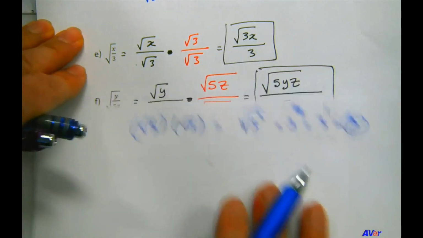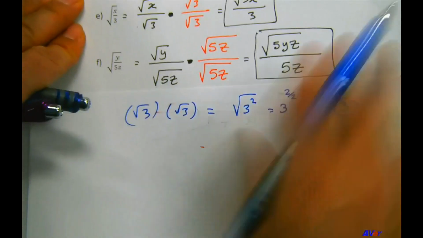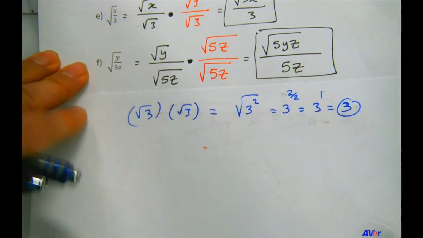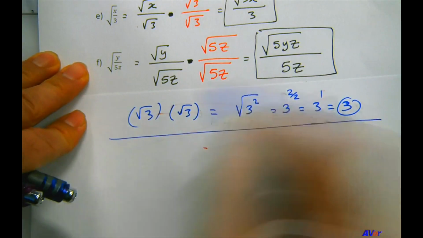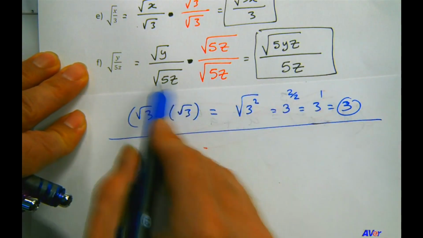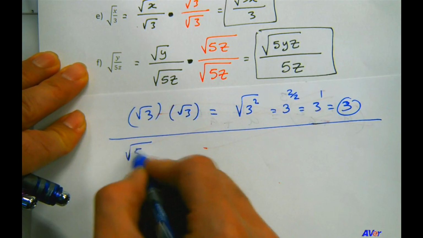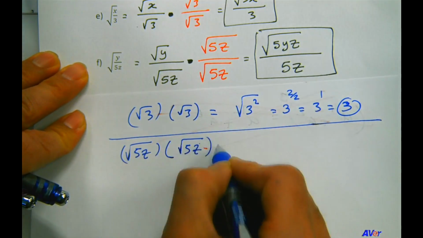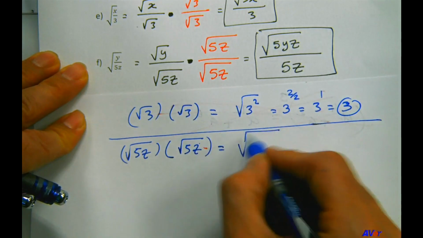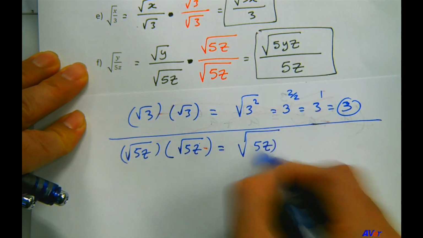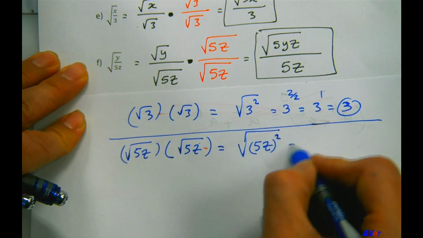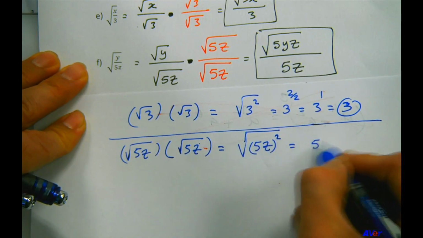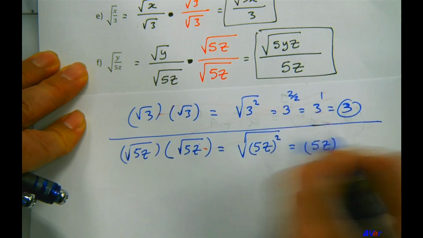The same thing happens with the denominator here. So square root of 5z times square root of 5z will give us square root of 5z squared. But this is square root of that, so we can write this in terms of rational exponents.